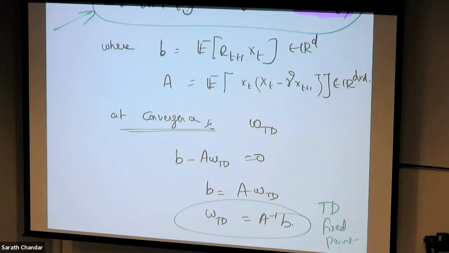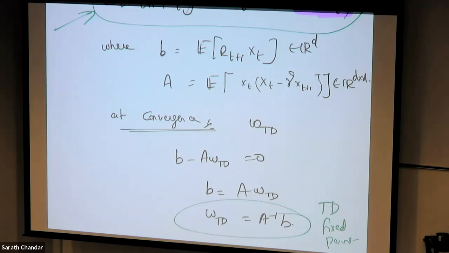Now, first of all, I haven't proved that it is going to converge. The argument that I'm making here is that if it is converging, this is what it is going to converge to. The book actually has the proof of convergence for linear TD, but as I mentioned before, we will not focus on proofs of convergence in this course.